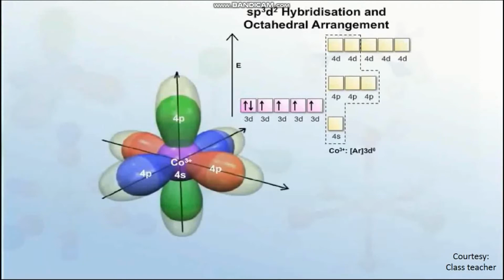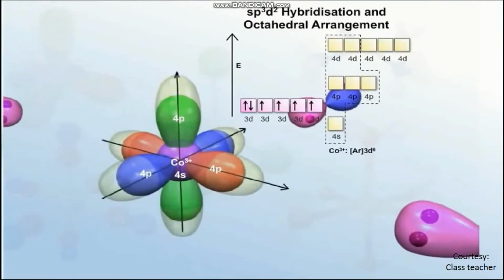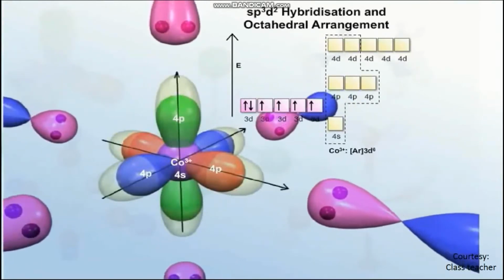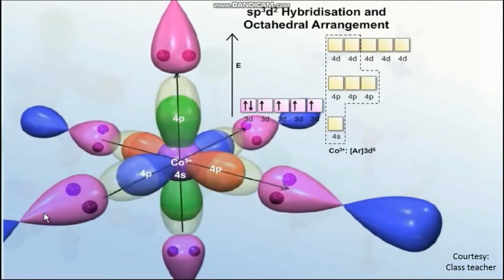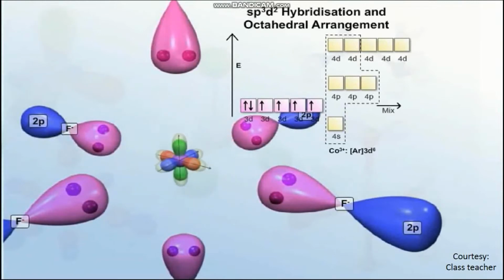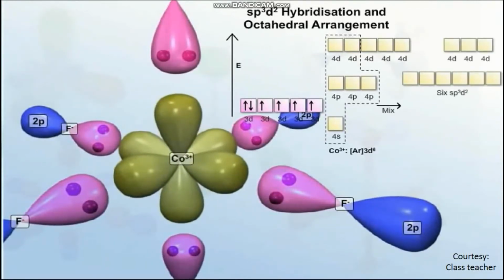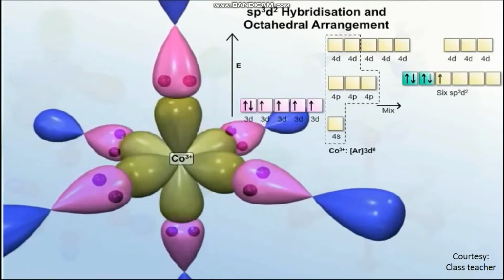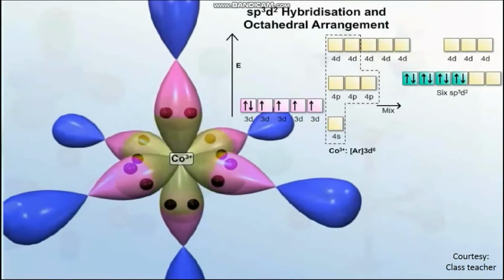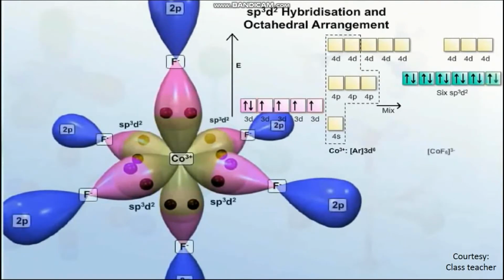In this complex, cobalt is in +3 oxidation state, and its 6 sp3d2 hybrid orbitals point towards the corners of the octahedron. 2p orbitals of fluoride ions overlap with them to form 6 cobalt fluoride bonds. Each fluoride ion donates a pair of electrons and forms cobalt fluoride bond. The compound is paramagnetic since it contains unpaired electrons.